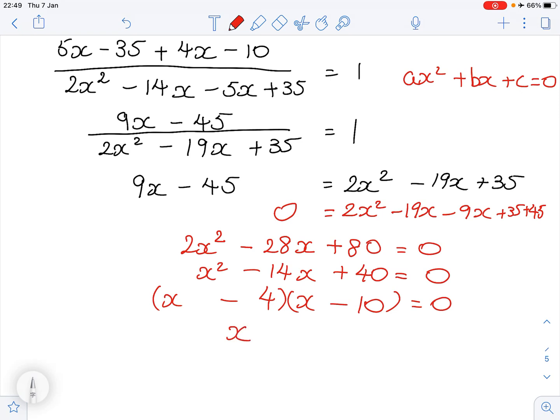Therefore, we know x is going to be equal to 4, or x equals 10. So we have two answers when it's a quadratic equation.